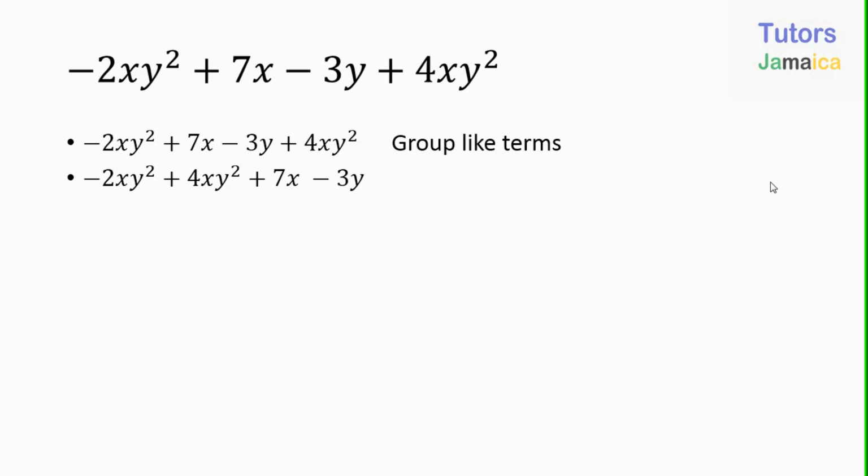They don't match anything else in this expression, and so we cannot manipulate them. We can't get them any simpler. So we're going to do our addition and subtraction on the parts that we can manipulate, and so what we end up with is 2xy squared plus 7x minus 3y, and there's our answer.